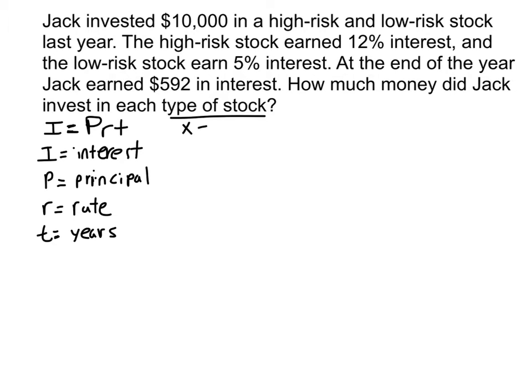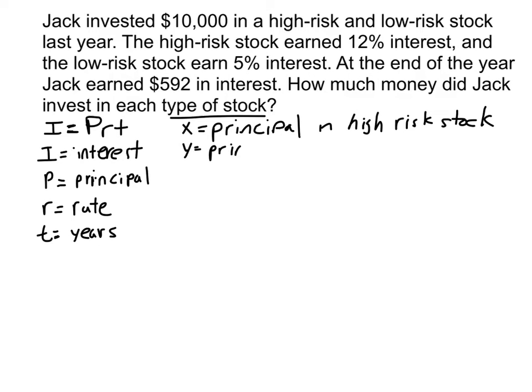Let X equal the principal, the amount that he put in the high risk stock. And let's define Y to be the principal, the amount of money he put in the low risk stock.